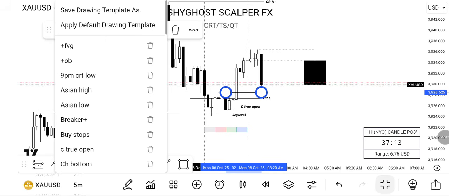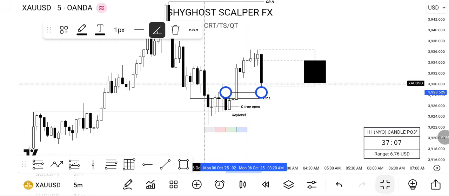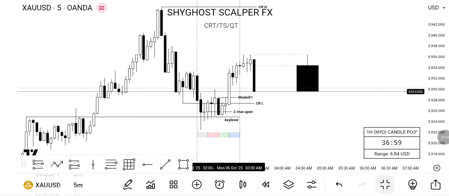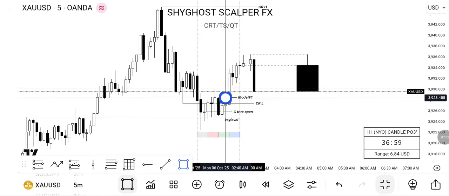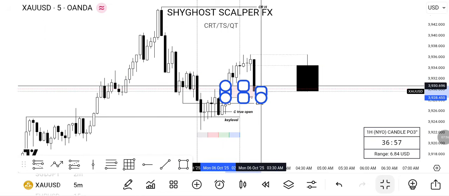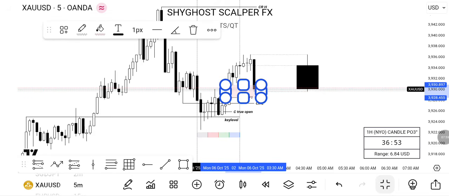This is our model 1 candle, right? So as we see, our model 1 candle also overlaps with our FVG here.